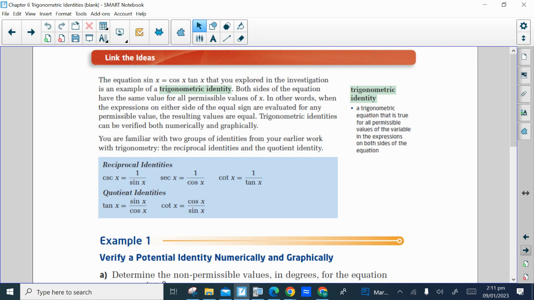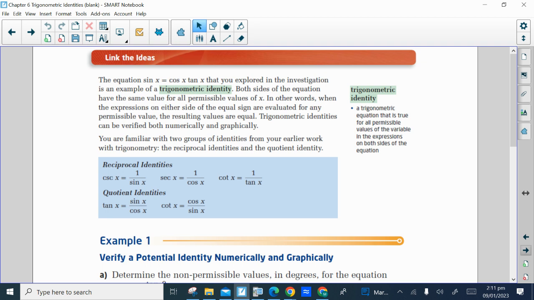So, on the next page, the equation sine x equals cos x tan x is an example of a trig identity. If we look on the right side, a trig identity is a trig equation that is true for all permissible values of the variable in the expression on both sides of the equation.